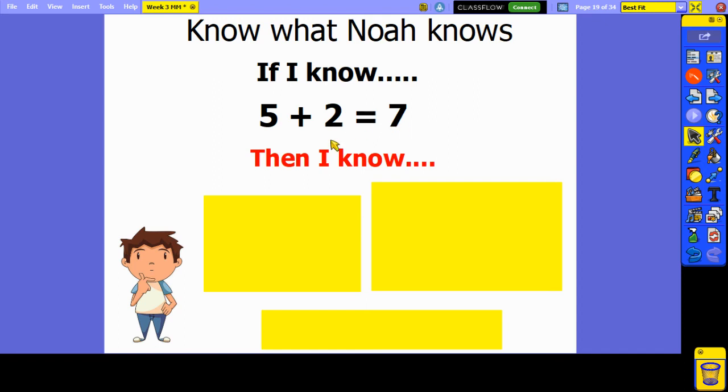Addition, subtraction, or even multiples of 10. Let me give you one to start off. If I know 5 plus 2 equals 7, then I also know 7 subtract 2 equals 5. Pause the video to see how many related equations you can write down.